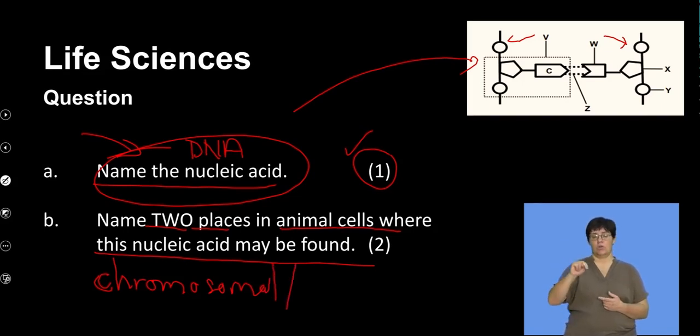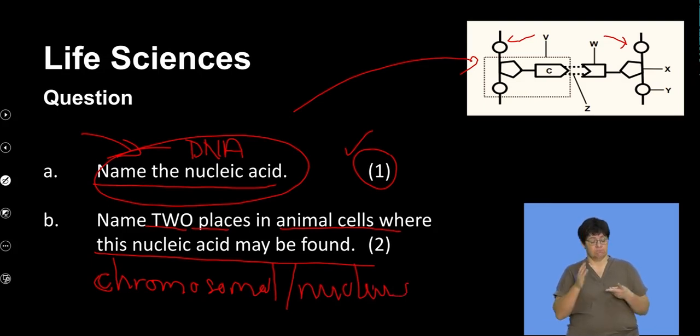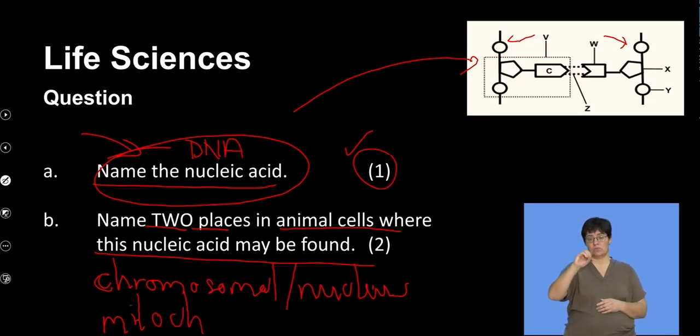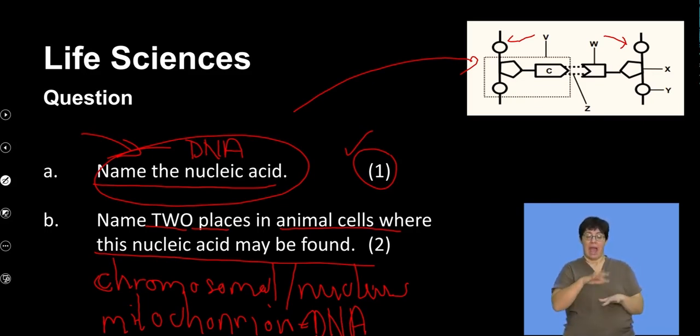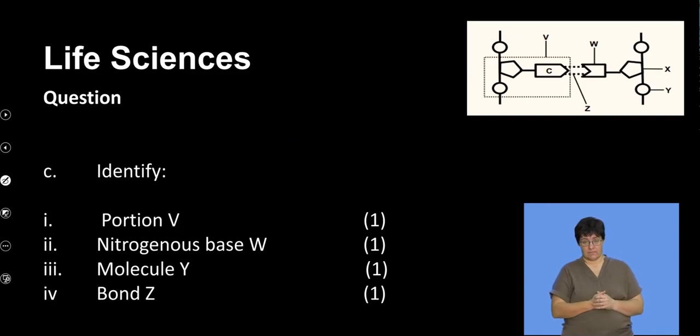But also we know that DNA can be found in the mitochondrion. The mitochondrion is the organelle that controls the process of cellular respiration, and DNA is found in there, linked to providing the instructions to produce important enzymes and controlling how the mitochondria function.